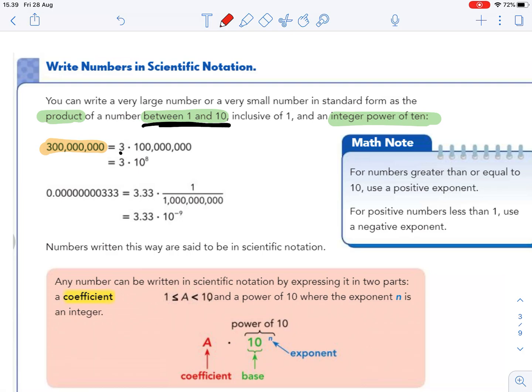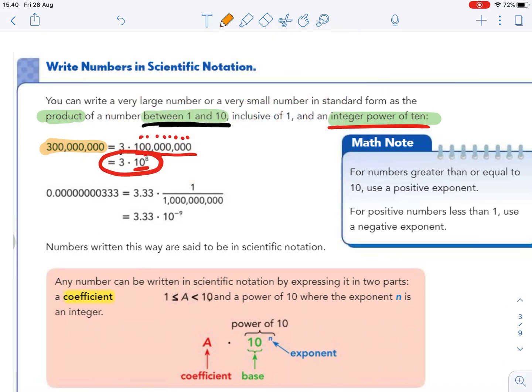Well, that's 300 million, so that's 3 times 100 million. Now, 100 million as a power of 10 is 10 to the 8th. How did I know that? Remember, 1, 2, 3, 4, 5, 6, 7, 8. 8 zeros, 10 to the 8th. So this is written right now in scientific notation.